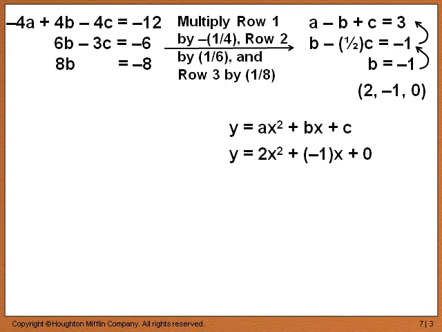And therefore, we can fill in a, b, and c here. y equals 2x squared plus negative 1x plus 0. And that simplifies, of course, to y equals 2x squared minus x. And that is my quadratic equation that passes through the 3 points that were given on the last screen.